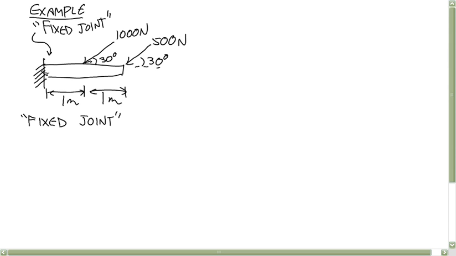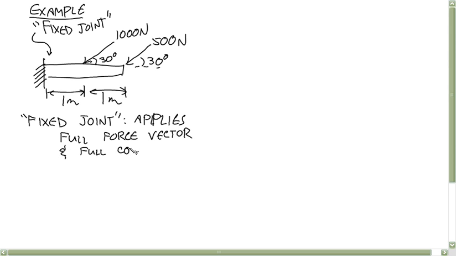And in order to prevent rotations, you're going to need to apply moment components, okay? And it's actually couples. So a fixed joint applies a full force vector. What a full force vector is depends on whether you're in 2D or 3D. In 2D, that's just two components. And a full couple vector.